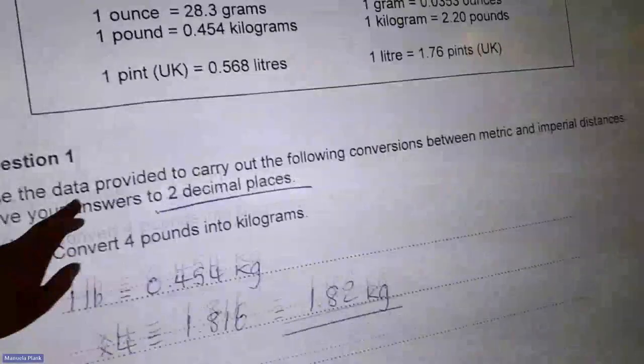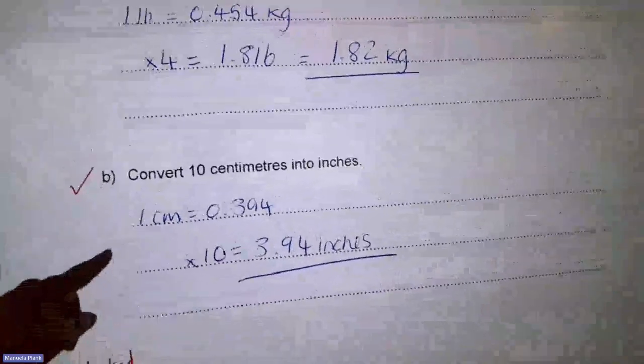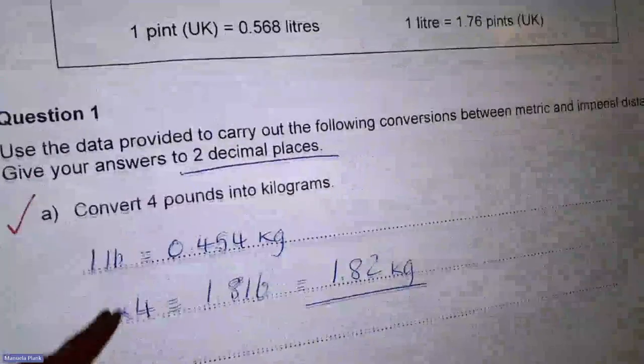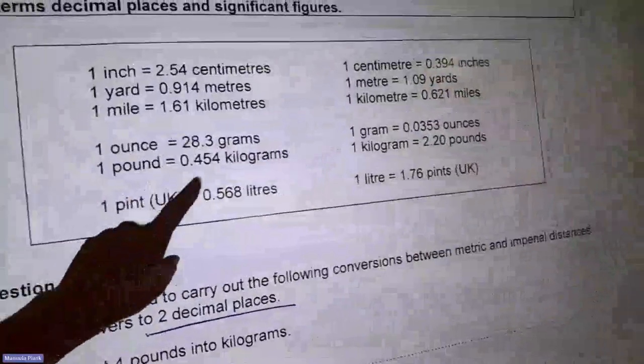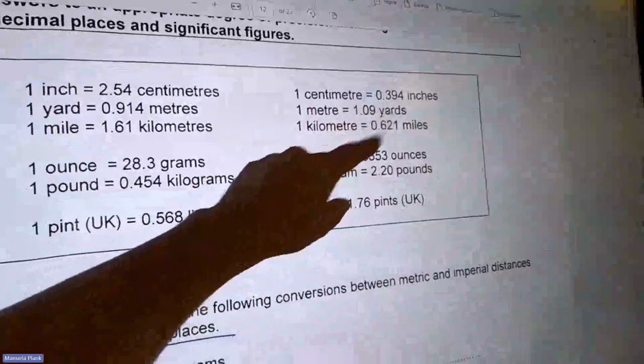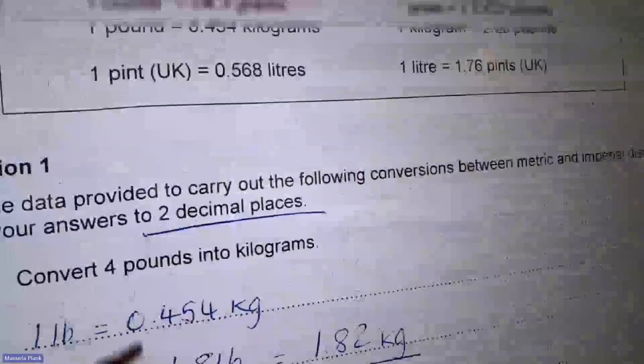We do the same with the 10 centimeters to inches. So we have to look up how long is 1 centimeter. We get that from that table. We find it here. So 1 centimeter equals 0.394 inches. And we also have that written down here.